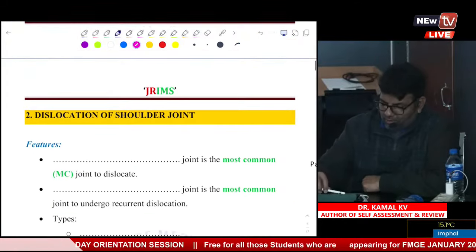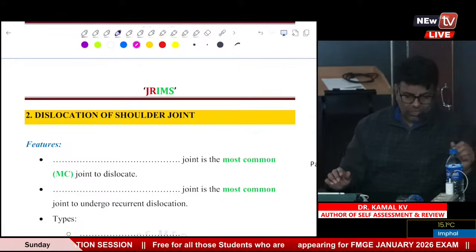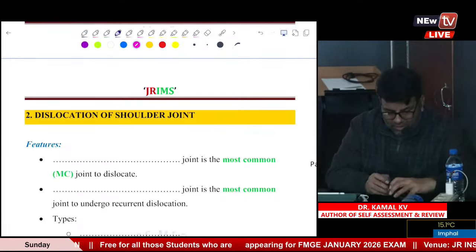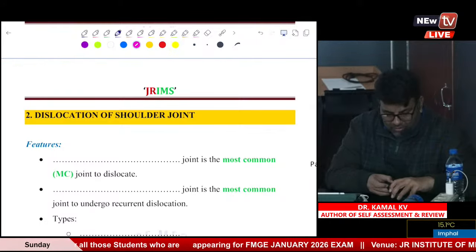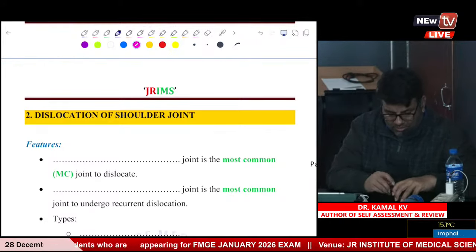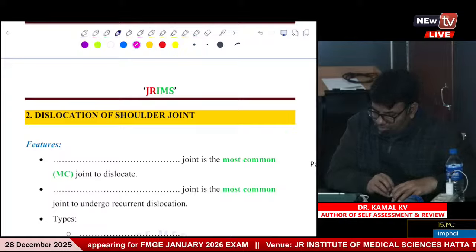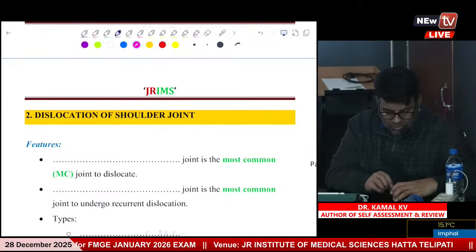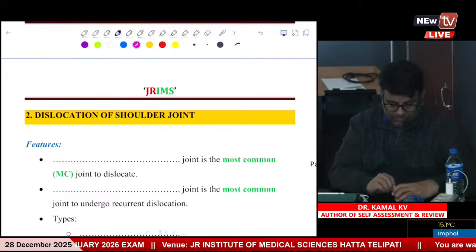Now another very important topic is dislocation of shoulder joint, and no paper is ever complete without including a question from this topic, right? So it is extremely important to know about shoulder joint dislocation.